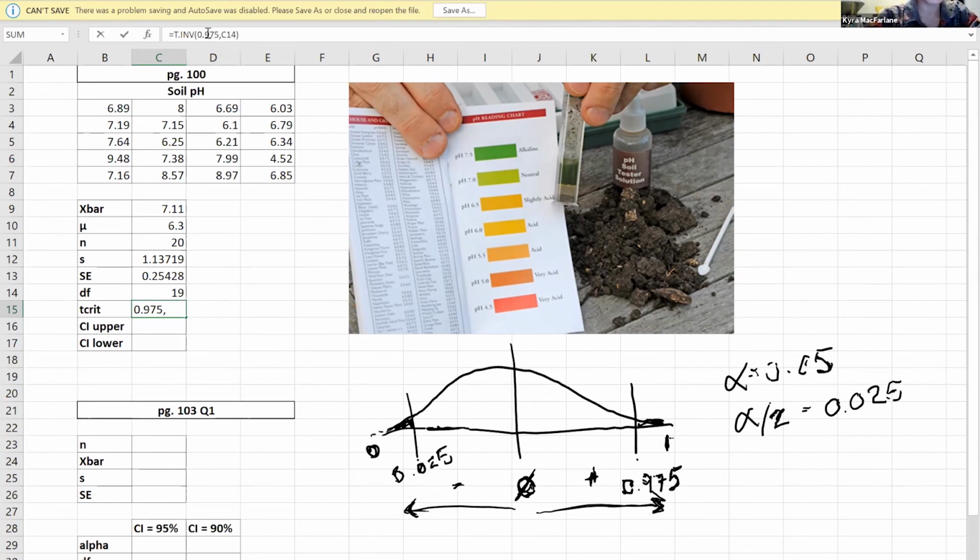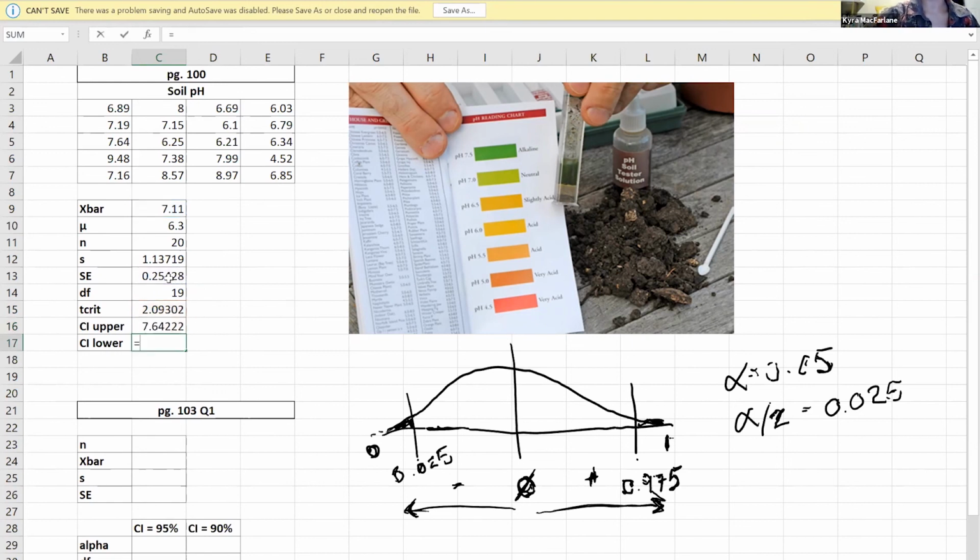So our alpha on this number line would be 0.975, and then our degrees of freedom. So we get our critical value, and then calculating the upper limit, we have our mean plus our critical value times our standard error.